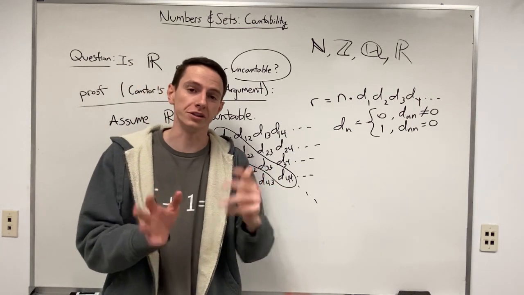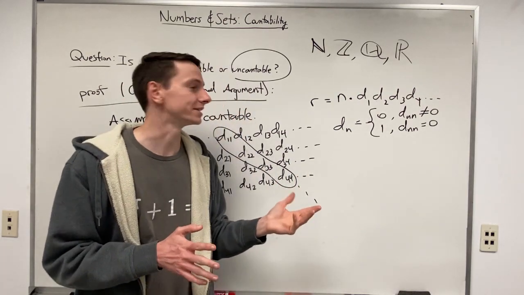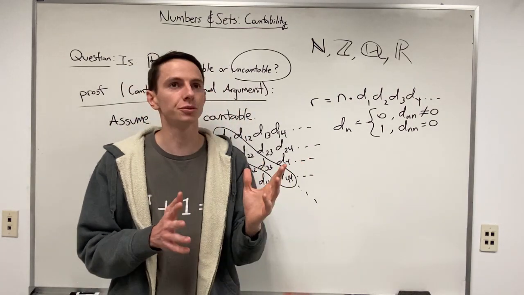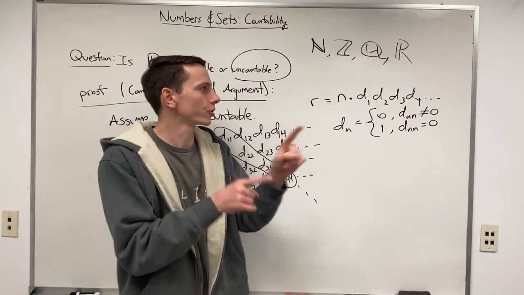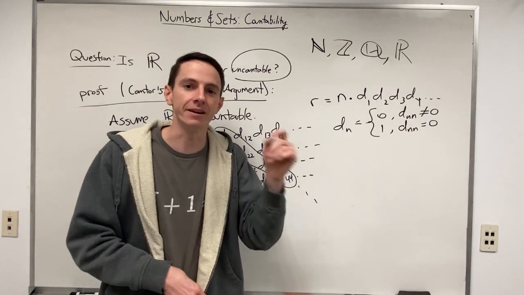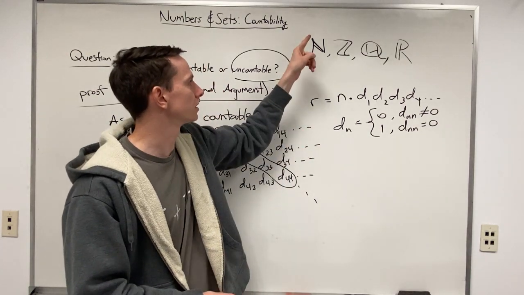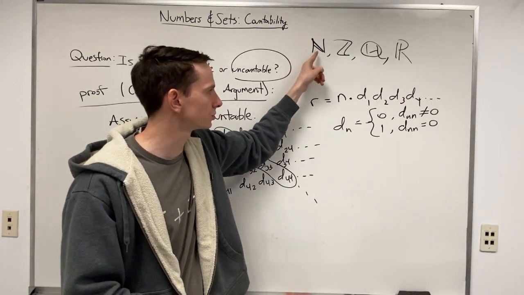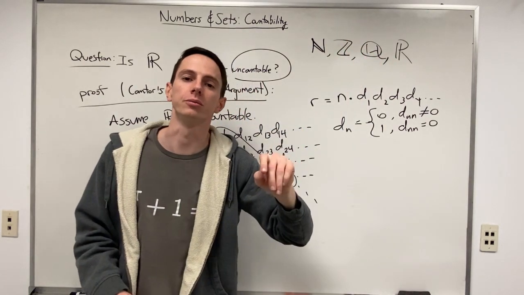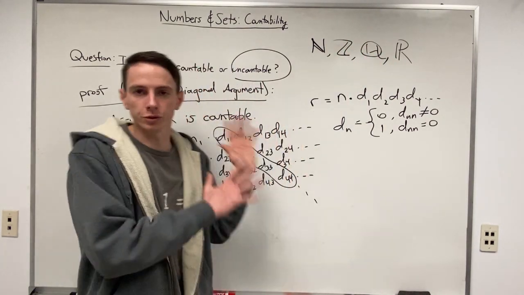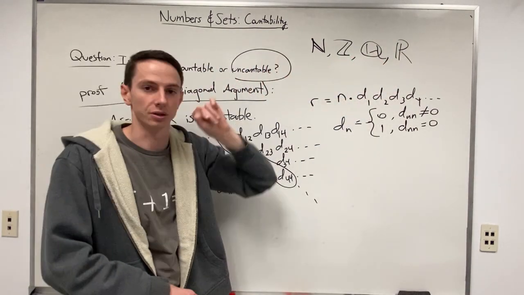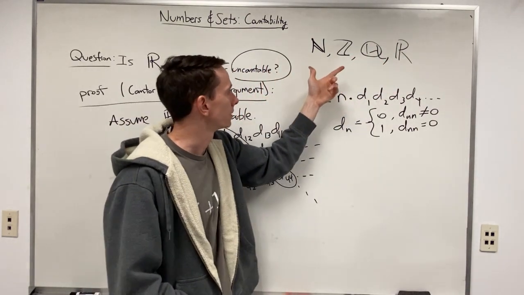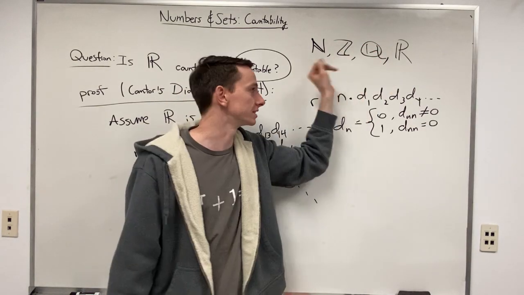And what the continuum hypothesis says is that it is impossible to prove or disprove whether or not there is an infinite set that is larger than the natural numbers but smaller than the real numbers. Because we've just shown that the size of the real numbers is larger than the size of the natural numbers, but is there an infinite set that lies in between them?